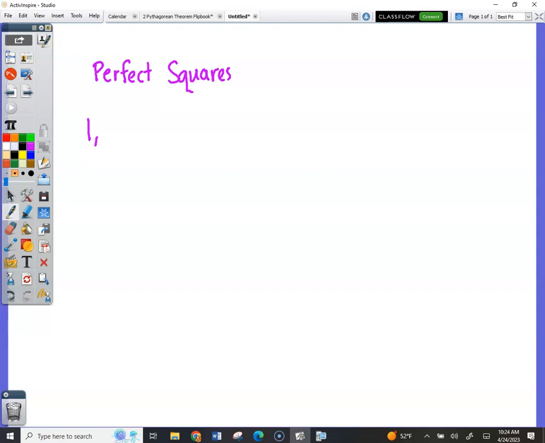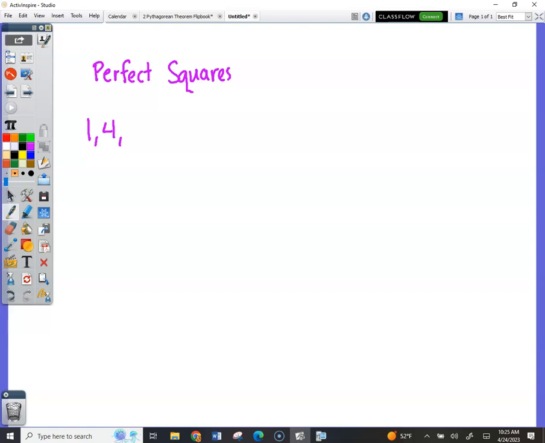Now count. 2 times 2 is 4. Keep going until you hit 15 times 15, and then write that. So make your list right now of your first 15 perfect squares.